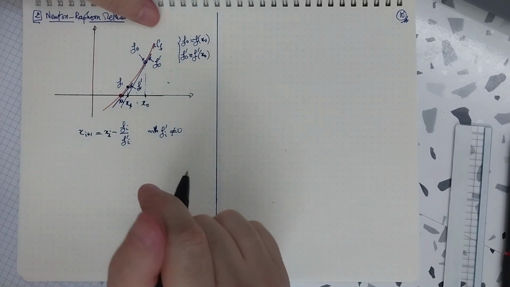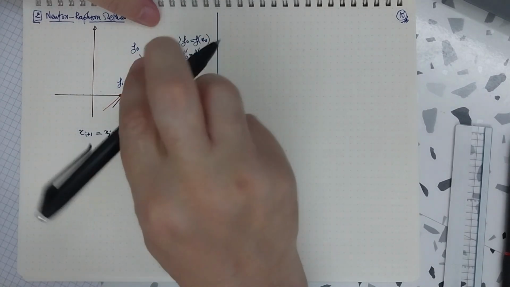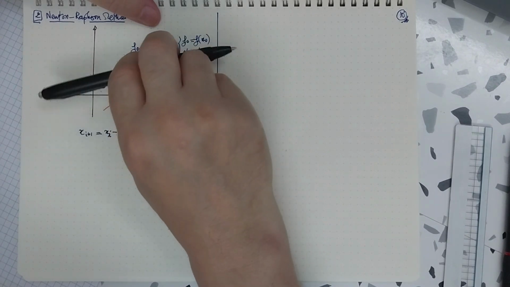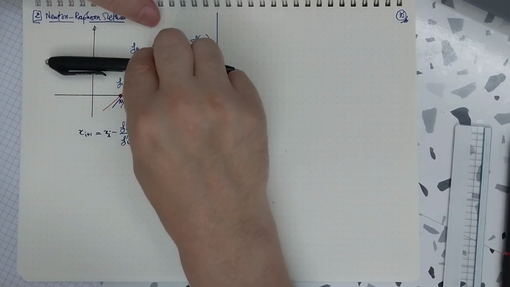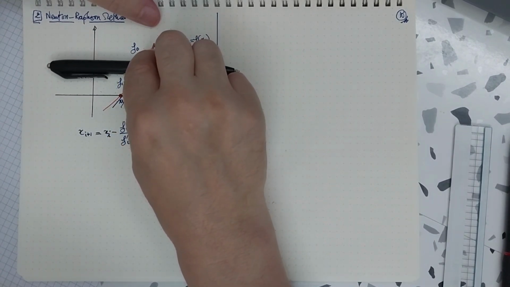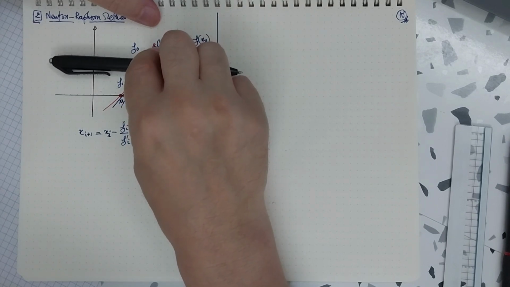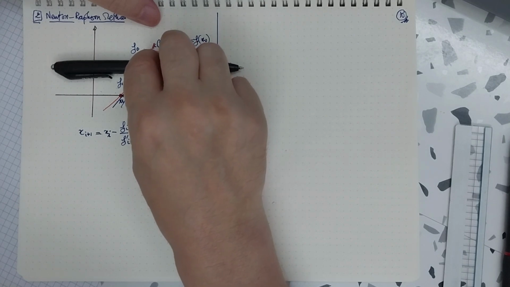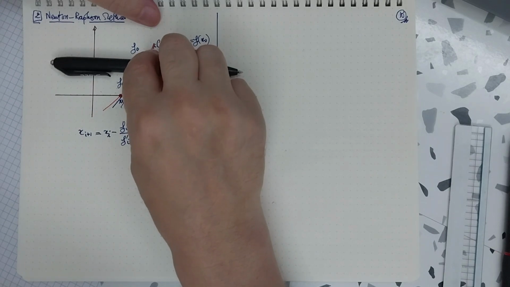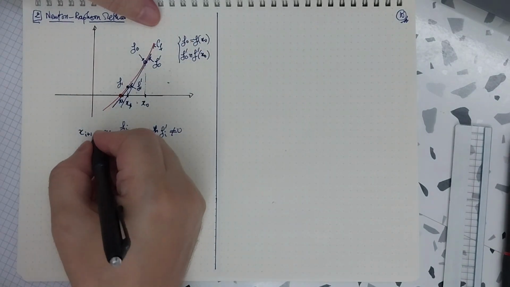Otherwise, the method will not work. If the derivative equals 0, it means the tangent is parallel to the x-axis. So if you get a point where the tangent is parallel to the x-axis, the next point is undefined. And this is the divergence. It diverges. So this is the formula.